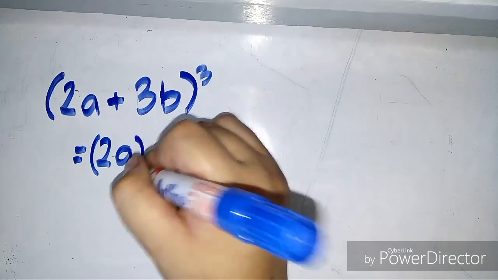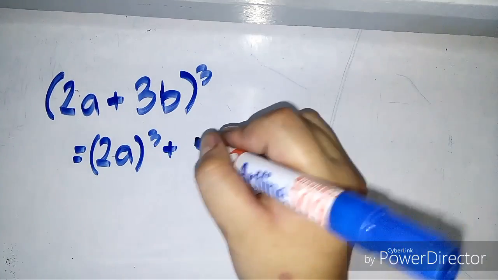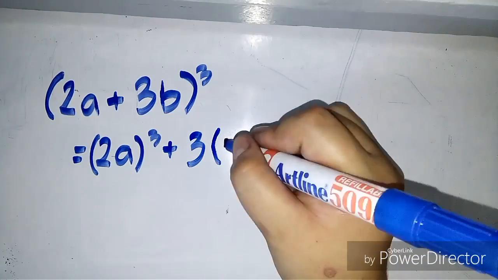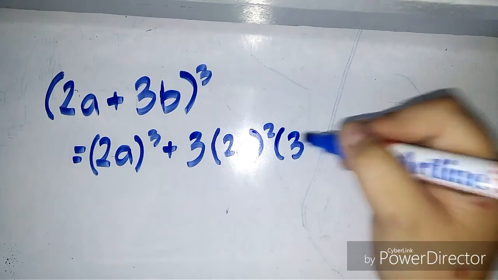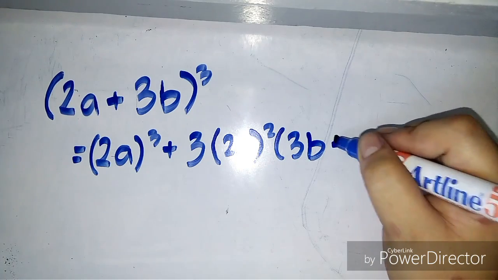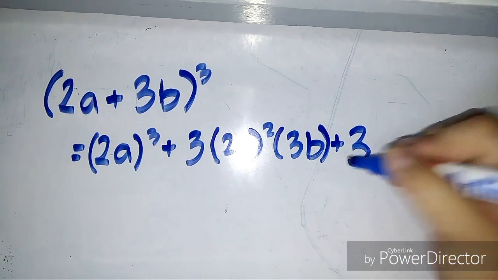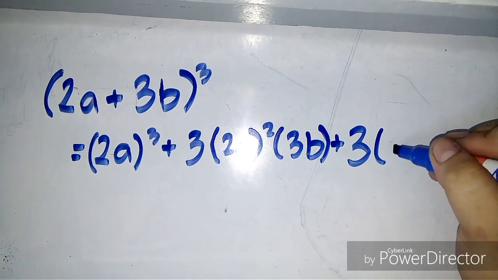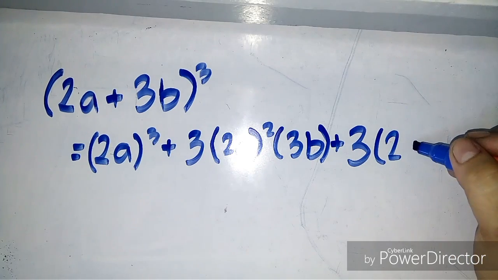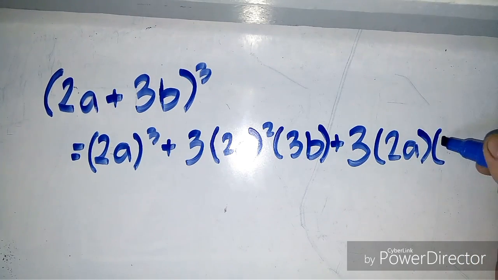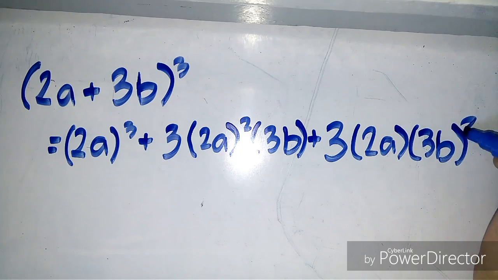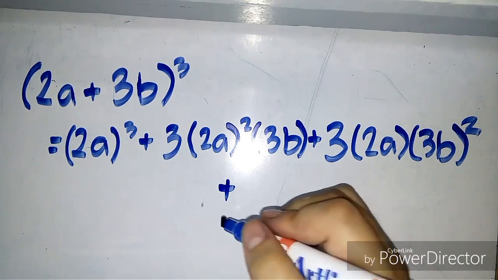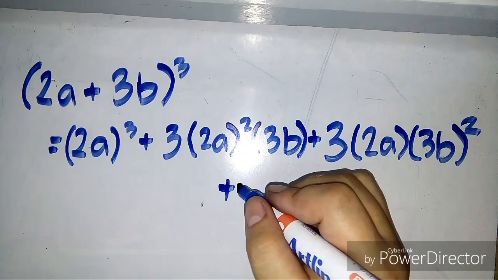So cube the first term, like I said, and plus, then 3, then 2a squared, then 3b. Do the same thing on the other side, but move the square to the second term. Then lastly, cube the last term.